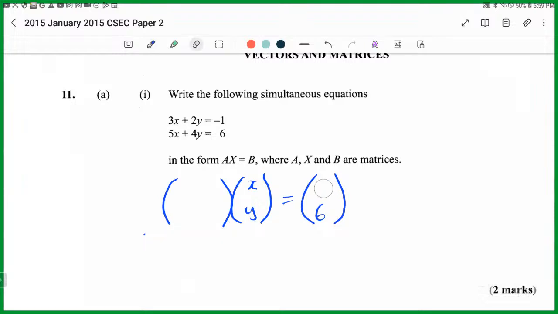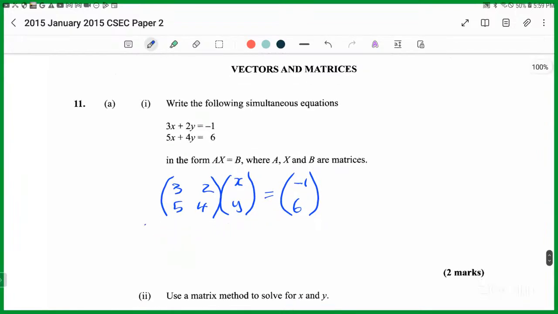Then the coefficients of this side go here. So it is 3 and 2, 5 and 4. That's a matrix equation. Basically, this is the A, this is the X, that is the B.